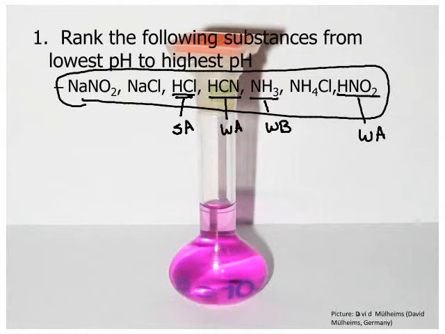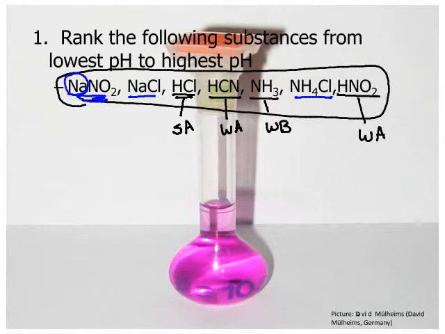Now, these other three chemicals, I'll underline in blue here: sodium nitrite, sodium chloride, and ammonium chloride are all salts. Remember, a salt is an ionic compound, a metal bonded to a non-metal. In sodium nitrite, the sodium is essentially irrelevant.